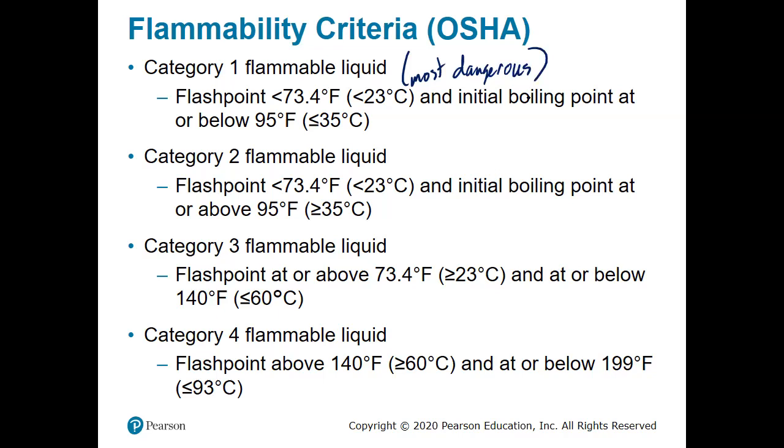And we know that because in category 1, and actually in category 2, we are defining the flash point at less than 73.4 degrees Fahrenheit. Now, can any of you tell me what is significant about 73.4 degrees Fahrenheit?